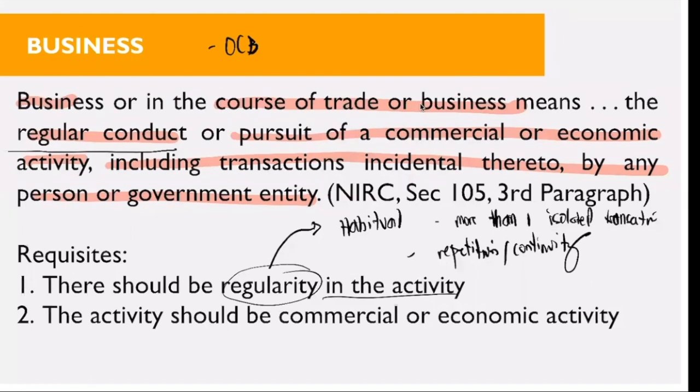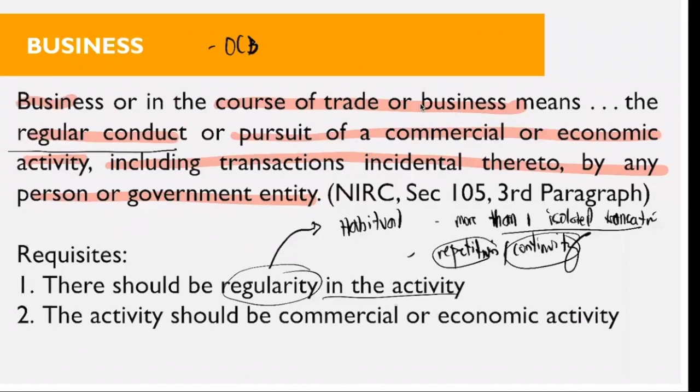But if you are normally in trade of your buy and sell of real estate or residential lot or lot itself, then you are subject to business tax because you have more than one isolated transaction and it is repetitive and continuous. Okay? So there must be a regularity in your activity. But that is the general rule.